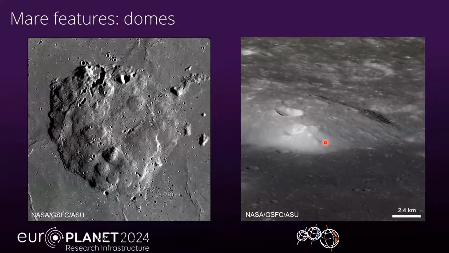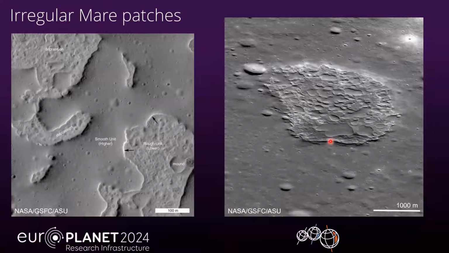Okay, one of the other special things that you may have even heard about in the popular press a couple of years ago are called irregular Mare patches, and these are thought to be either extremely young because they don't have very many craters on them. They're very smooth. We'll get back to that craters idea in just a moment. Or they're old and they represent some kind of a strange geologic process.